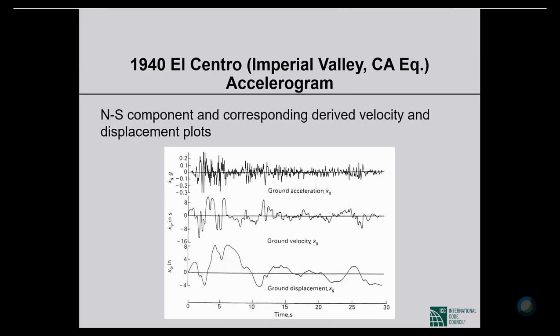Okay. The particular record you see is from the Imperial Valley, California earthquake of 1940, as recorded at the El Centro, California site. At the time this was recorded, this is pretty much the one good strong motion record.